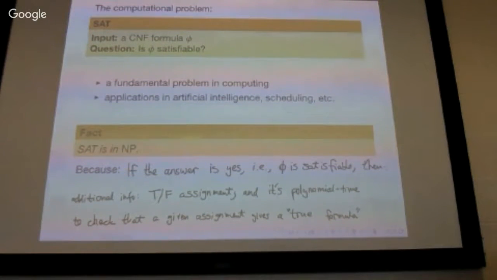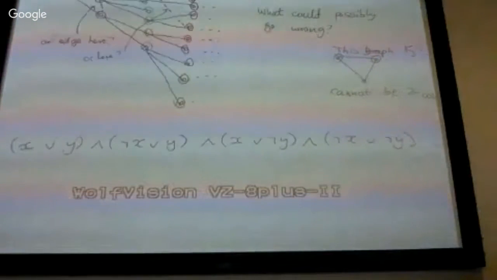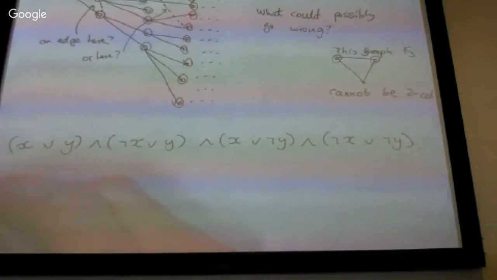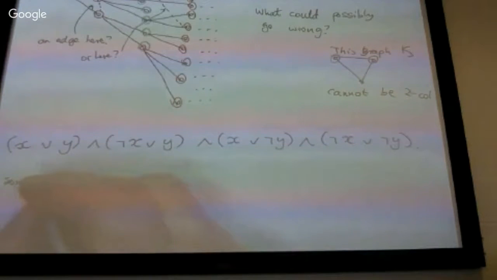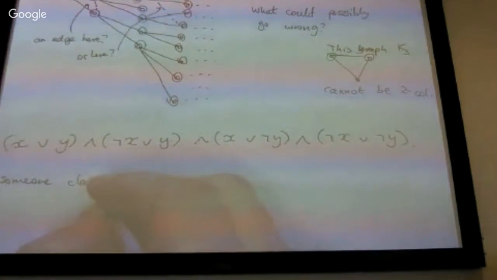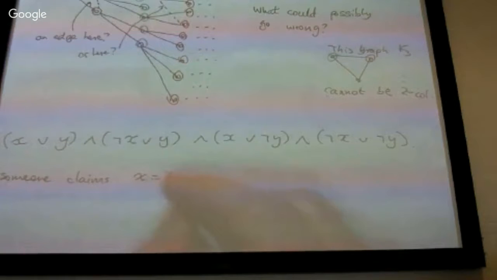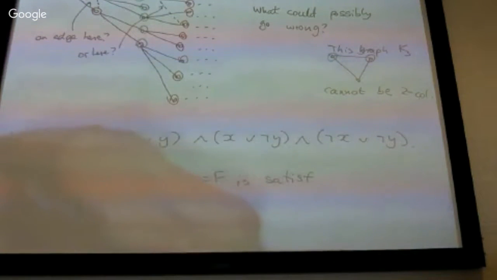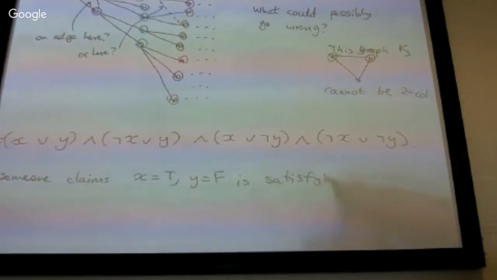So if someone gave me a formula like this, and someone claims X being true and Y being false, for example. Well, then it's easy to check, right?